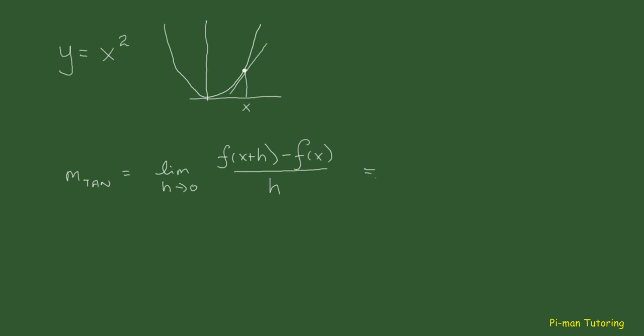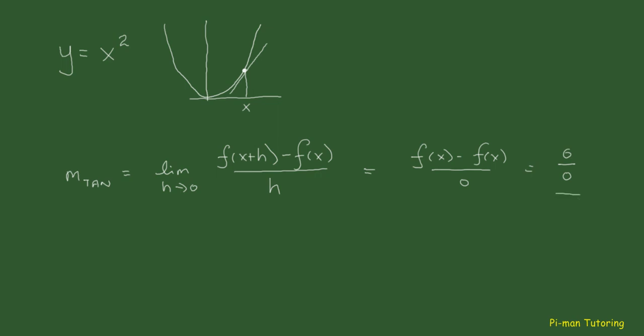And you might think, well, if I put h equals 0 into that expression, I would simply get f of x minus f of x divided by 0, and I would get 0 divided by 0. And clearly that is an indeterminate expression.